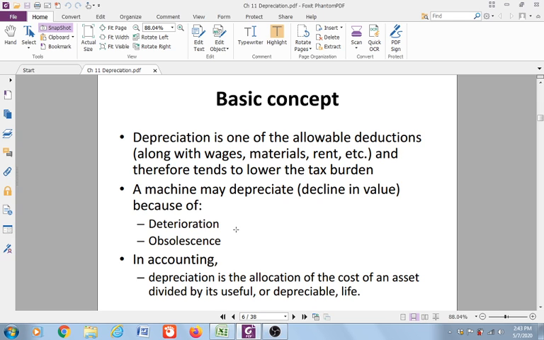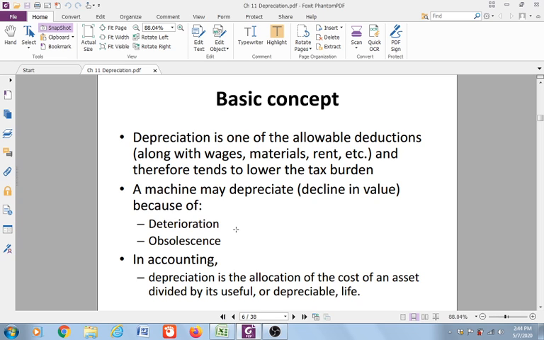Number two, because the asset is already obsolete. For example, we have an asset and there is a new technology that has just been released. So our current machine or asset becomes obsolete, and that also will cause the machine or asset to decline in value.